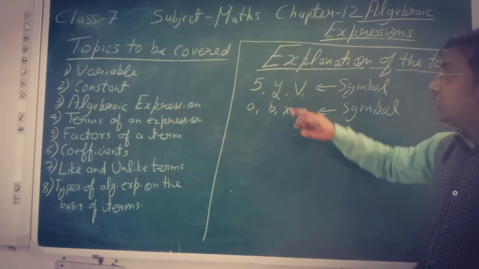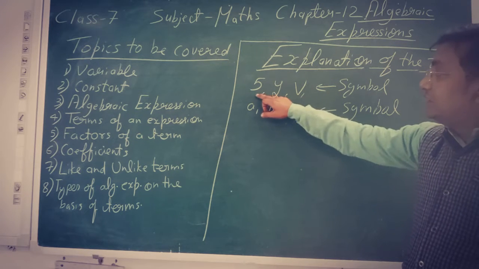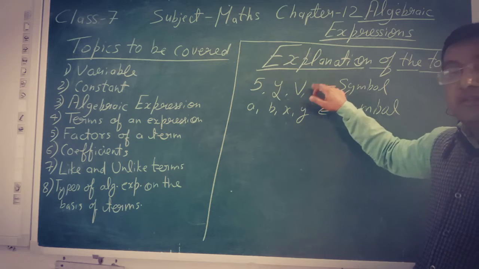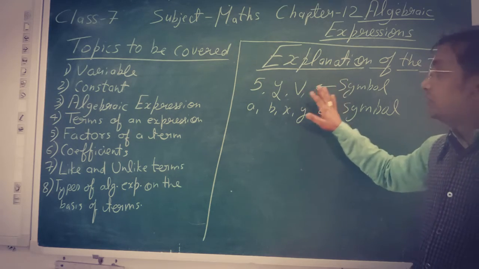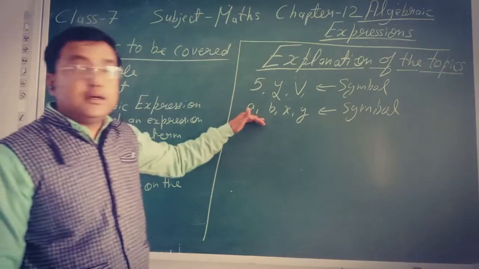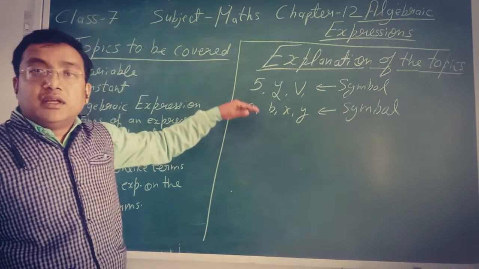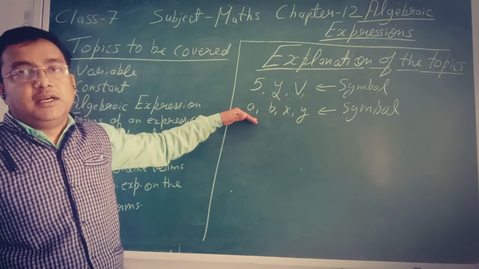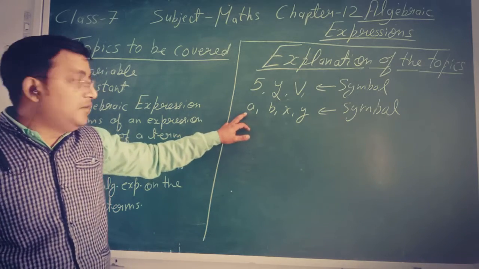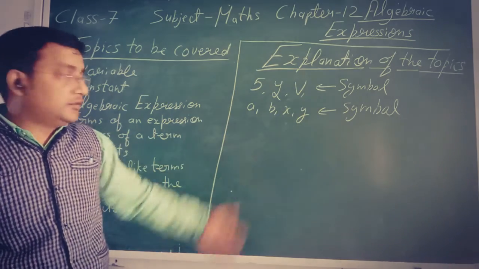What is the difference? The difference is that this symbol, which I have written here, has a fixed value. This value is fixed, and this symbol does not have a fixed value. It changes from question to question. Sometimes the value of a will be 1, it can be 2 also, it can be 3 also.